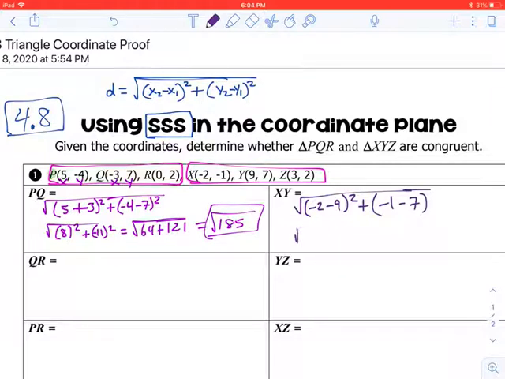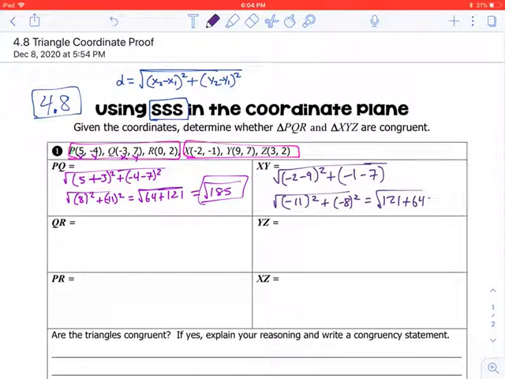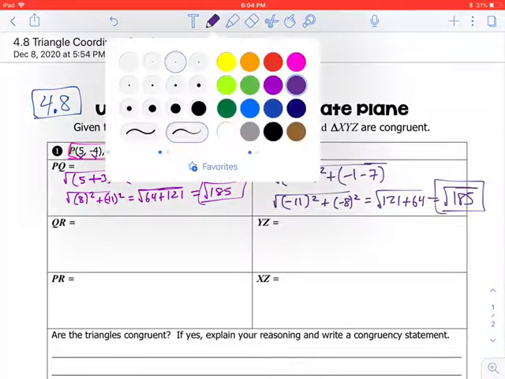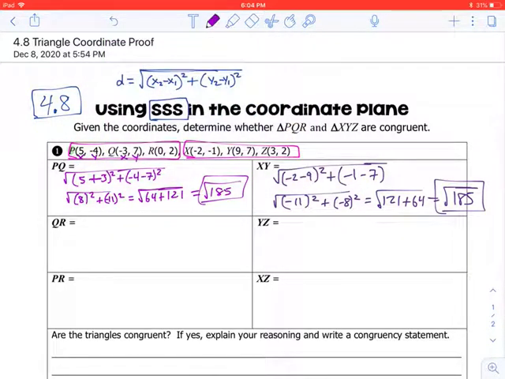Okay, so I've got -11 squared plus -8 squared. Well, look what happened. 11 squared is 121 plus 64, which is the exact same thing we had from before. So 185. So those two first ones are equal.